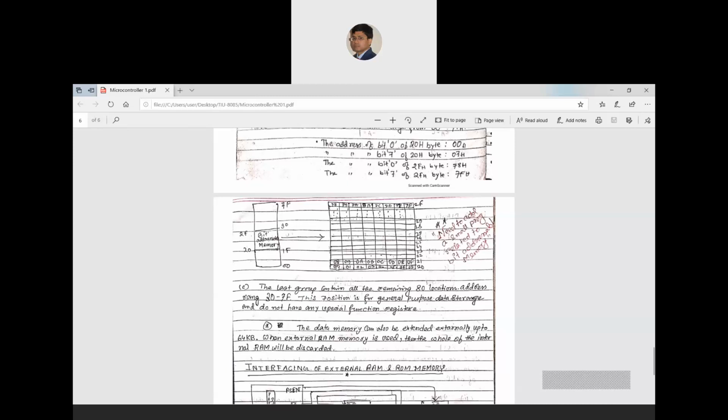Now, as this is a bit addressable memory space, what is the address of the first data bit in address location 20? This first bit D0 has address 00, 01, 02, 03, 04, 05, 06, 07. If you want to go to location 02 of this bit addressable memory, then you have to specify in your program that you are working with the bit addressable memory.